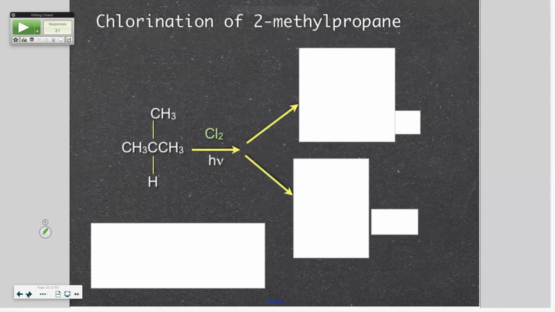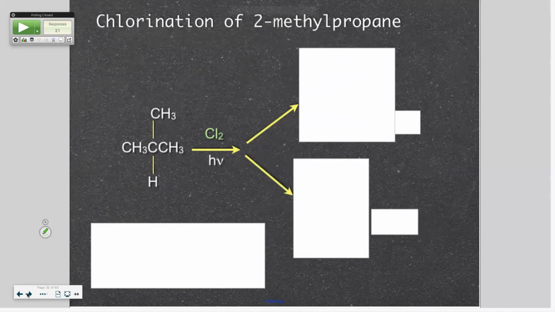Okay, let me make a model of the starting material because that will help. One thing you can do to help you decide if the things are the same or not is to draw the product and come up with a name.